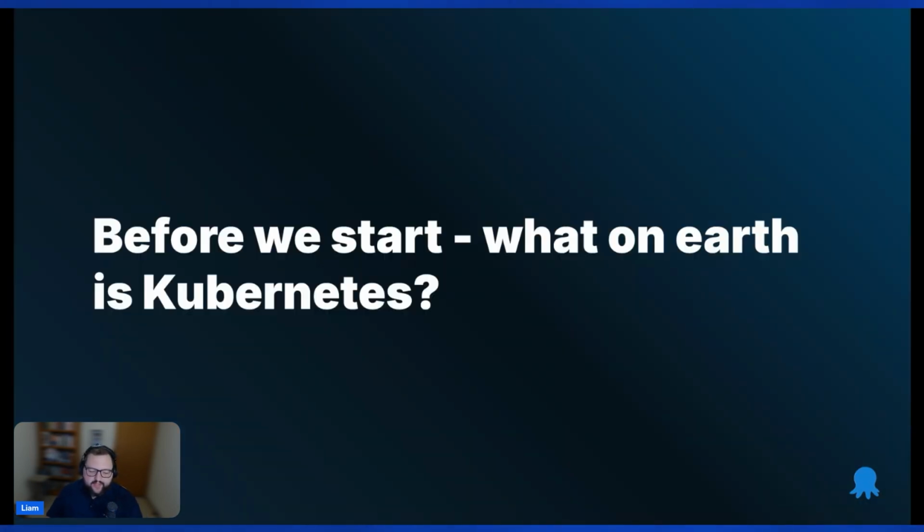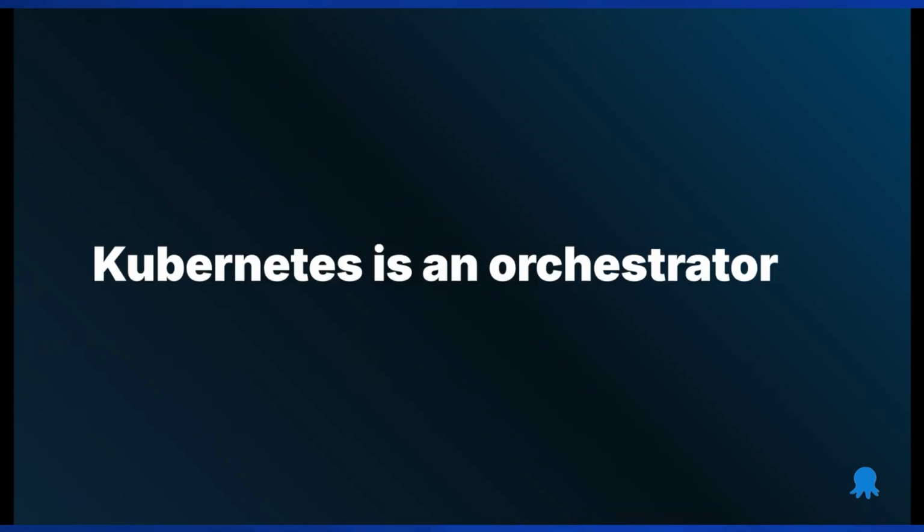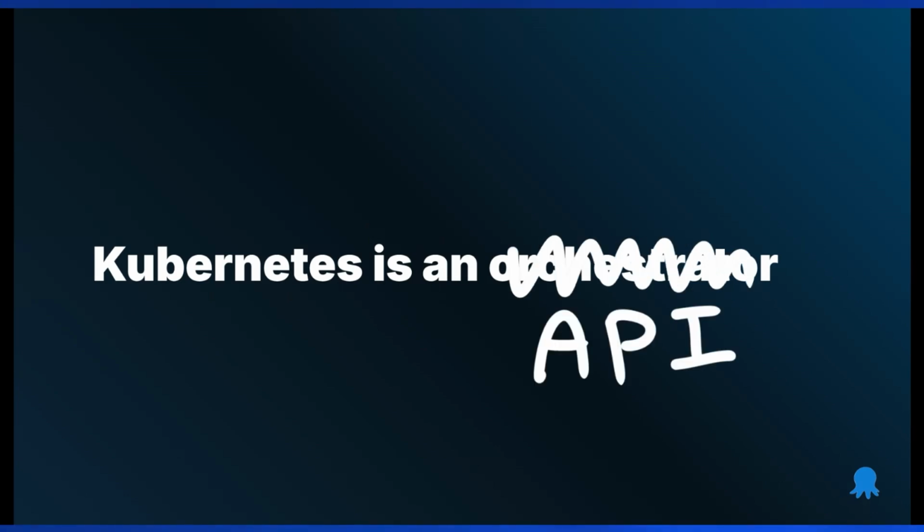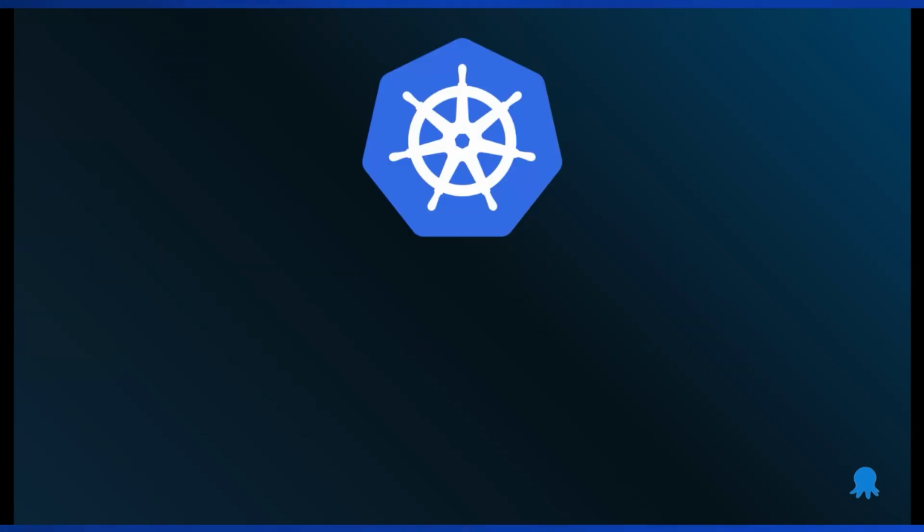So before we get too far in, Kubernetes is quite complex. So let's start with a baseline. What on earth is Kubernetes? A lot of people will say that it's an orchestrator, but I'm a developer. I like calling it an API. A normal API is a way to connect between a couple of systems.